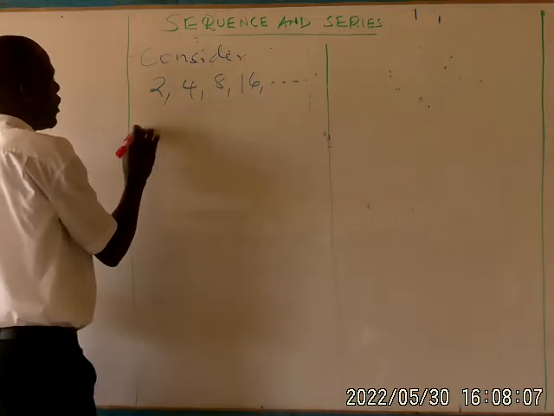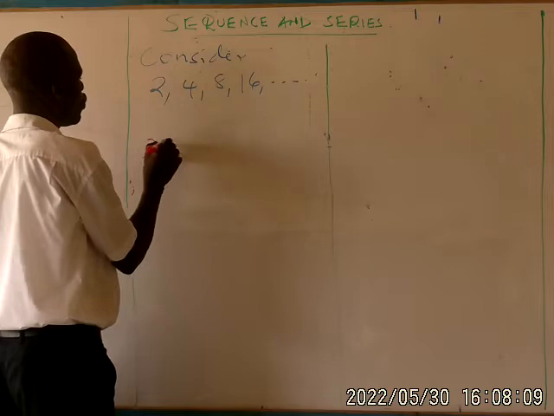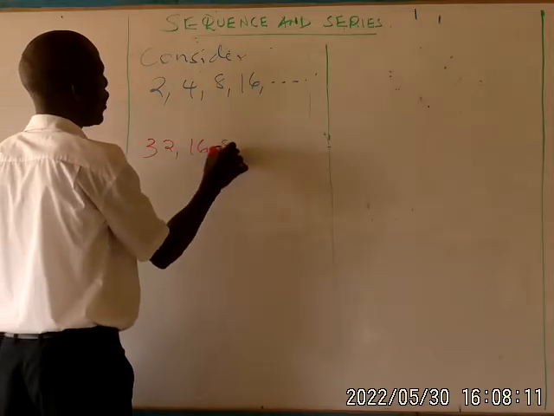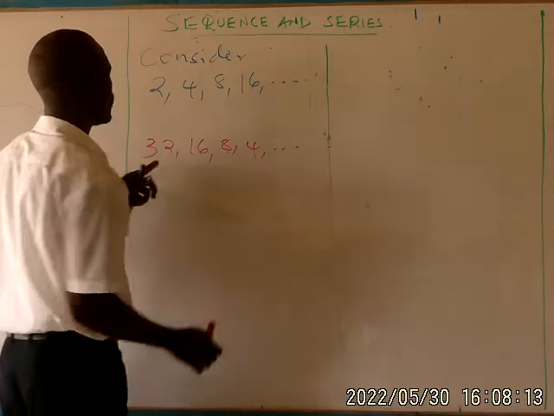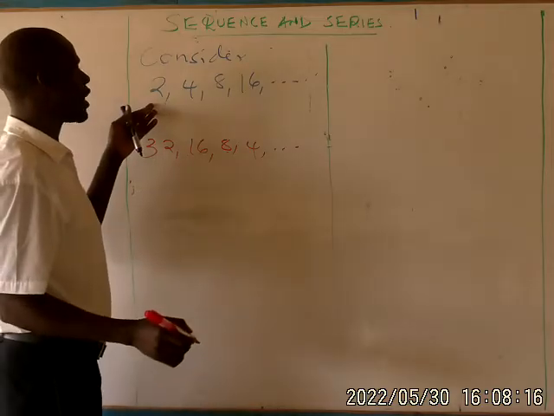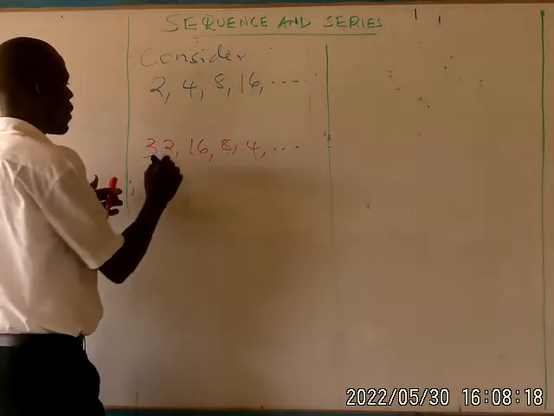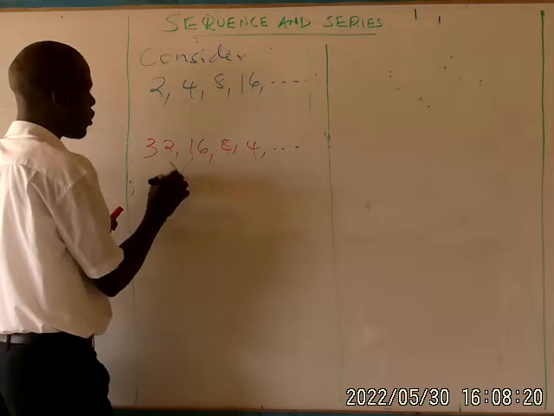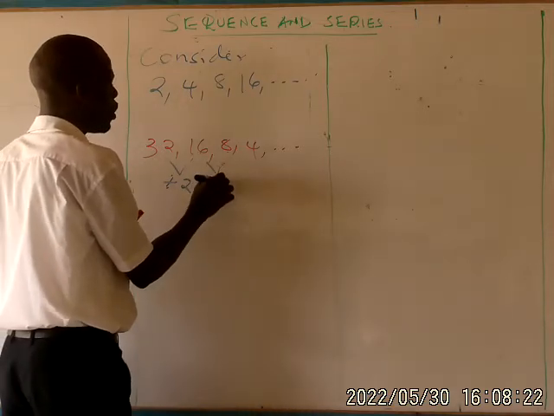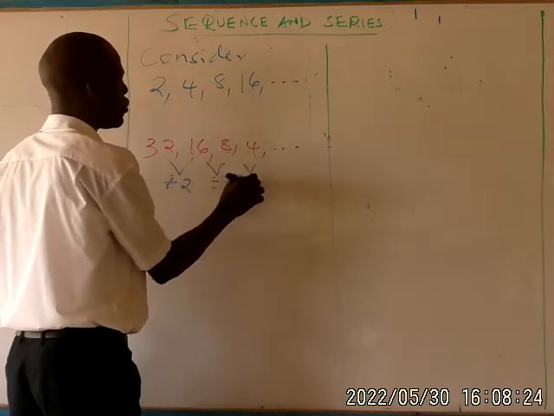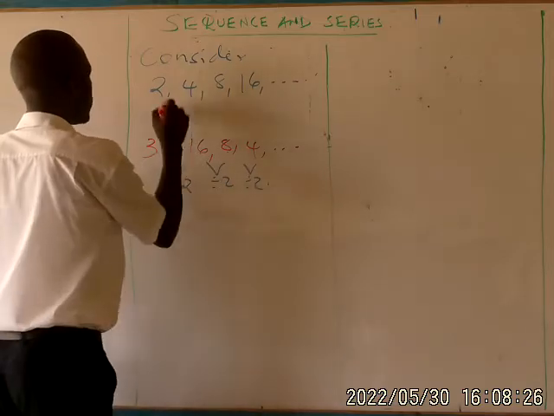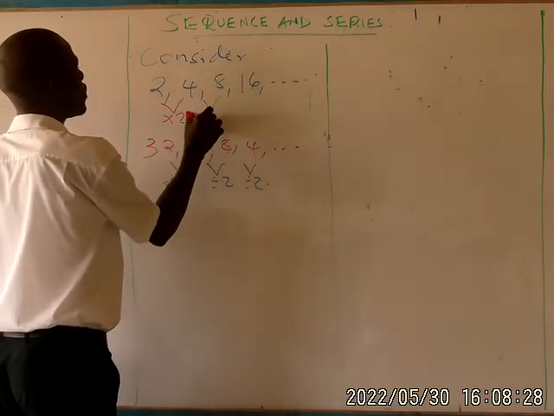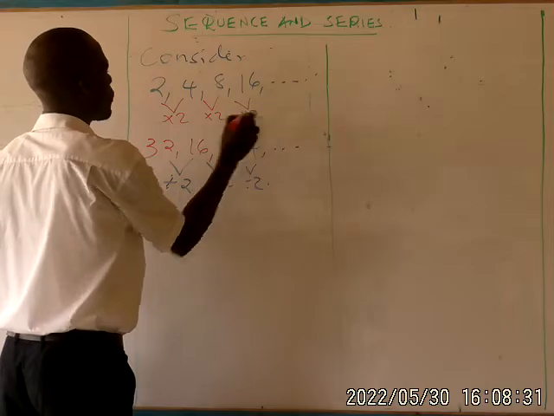It's the same way you can be given 32, for example, 16, 8, 4. This one is decreasing and this one is increasing. It's the same method, because here it is divided by 2, divided by 2, divided by 2, while for the other part it is times 2, times 2, times 2.